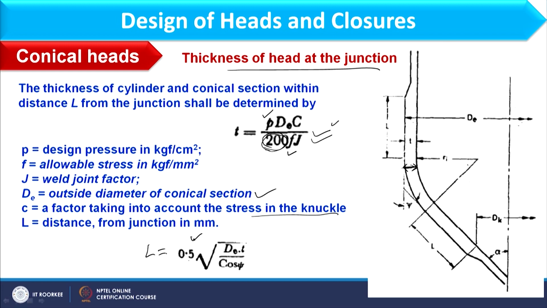So, this expression is used to calculate L, where this T is basically the actual thickness of head at the junction. And then considering this thickness at the junction, we will compute distance L to calculate thickness L distance away from the junction. I guess you are understanding this.